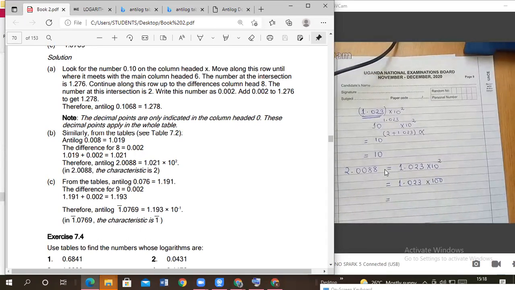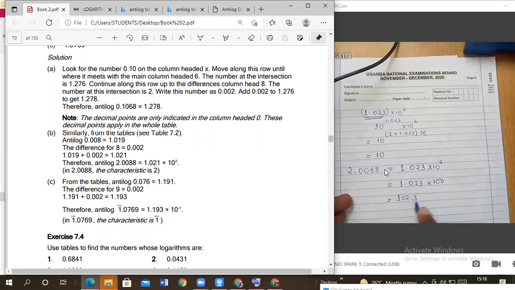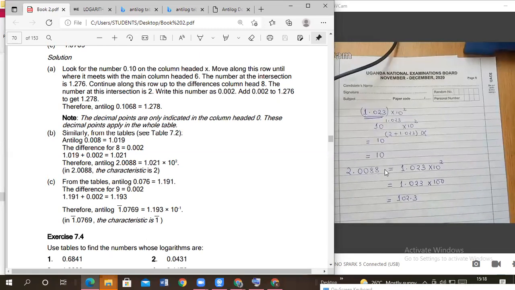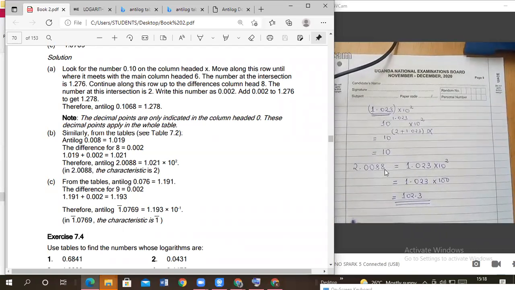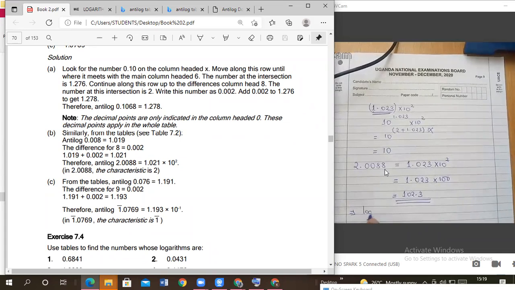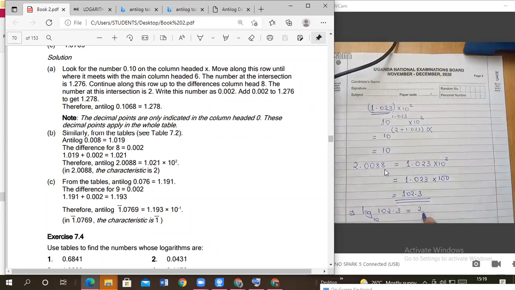It is 102.3. So it means log to base 10 of 102.3 is the one which must give us 2.0088.